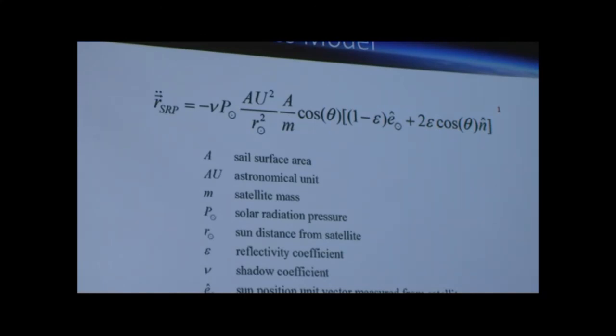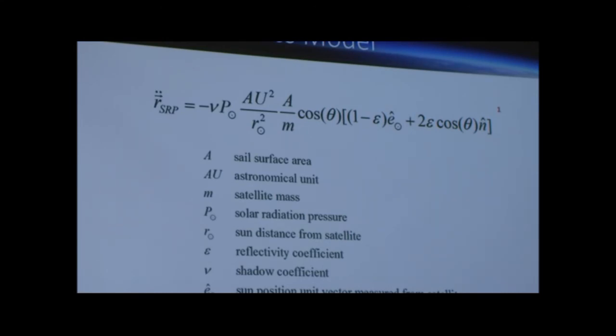That's why you have that factor of 2, because you're getting basically double the impact from the sunlight on the surface. But if you have a completely absorptive surface, you're getting just the one-time effect from the sunlight, and you can't control its direction. So there's a number of reasons why you wouldn't want to couple solar sails with solar panels.